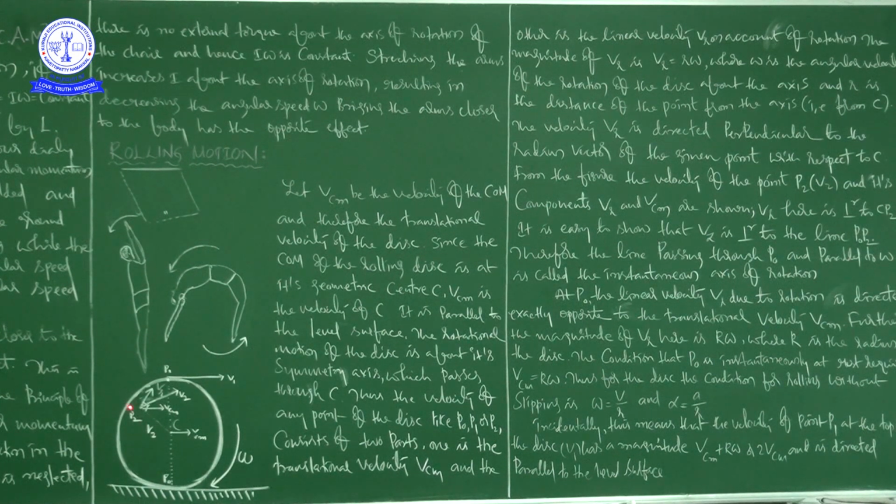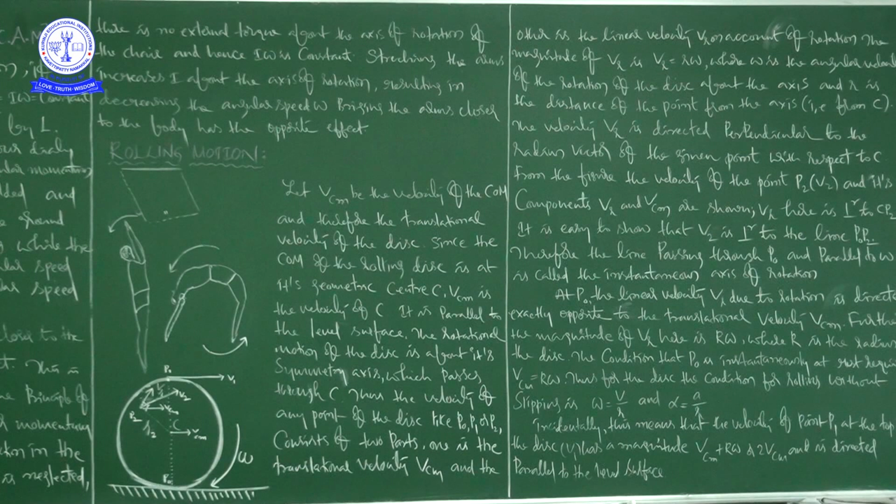This is P2 and P0. So you can easily show that V2 is perpendicular to the line P0 P2. Okay, it is not VZ, it is V2. This is the line perpendicular to P0 and P2.